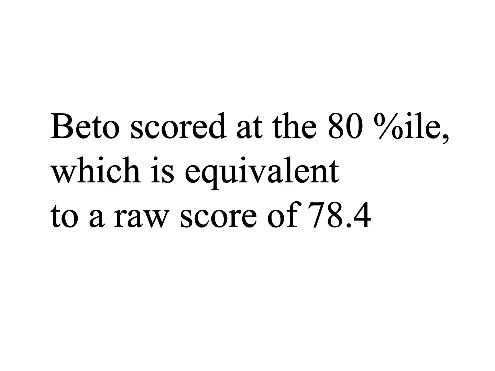So we conclude that Beto scored at the 80th percentile, which is equivalent to a raw score of 78.4. Based on our sketch, we estimated the raw score to be 78. Our estimate of 78 is very close to the exact value of 78.4. That increases our confidence that we didn't make any mistakes and that 78.4 is the correct answer.